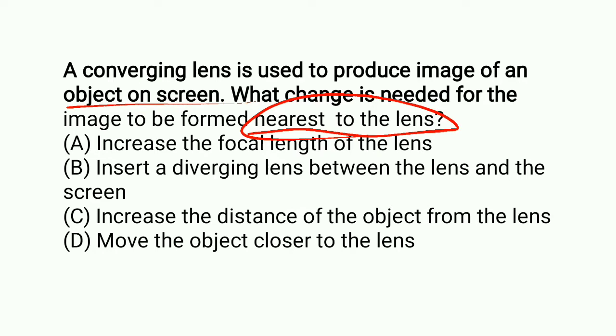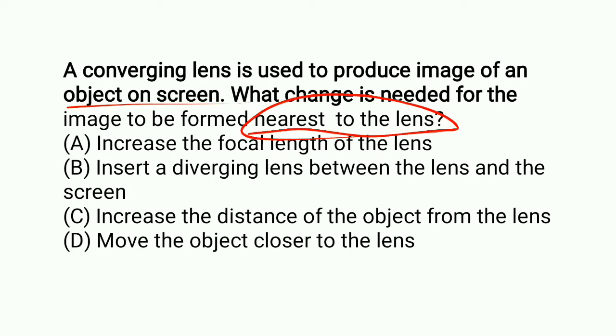First is option A, increase the focal length of the lens. Here if you increase the focal length, as we know for the converging lens, that is the convex lens, if you keep the object between the focus and the optic center, the image is virtual and erect, okay.